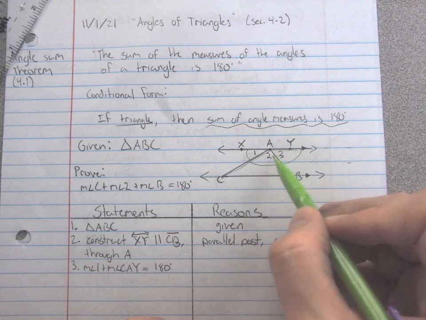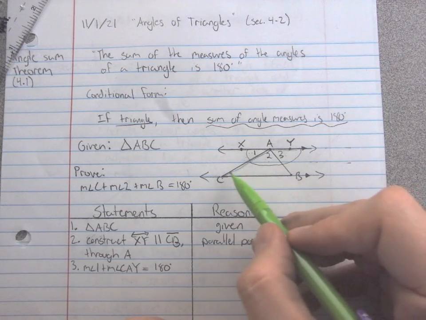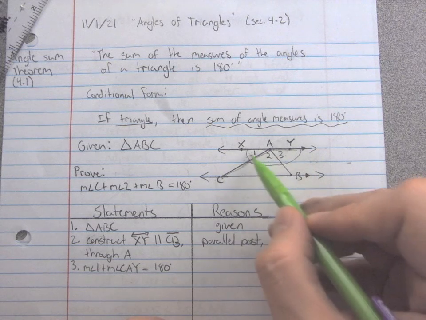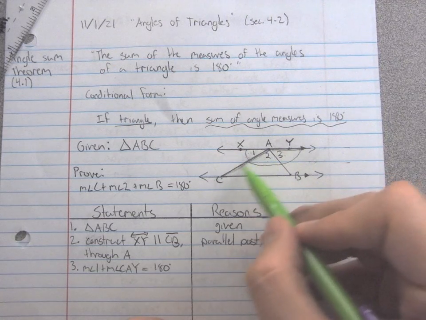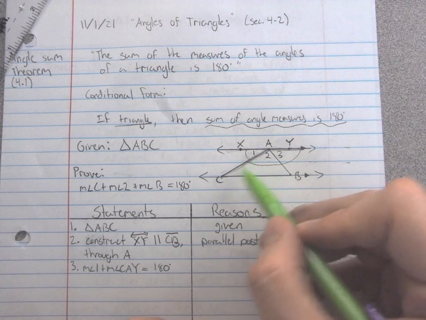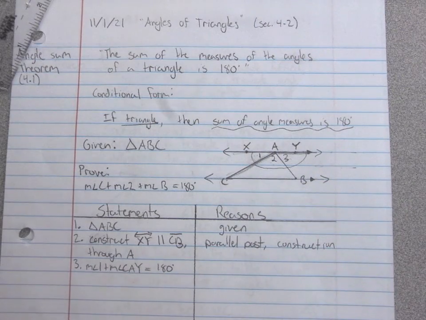And I don't want to call that angle 2 or angle 3 because angle 2 and angle 3 are smaller. I'm going to call that angle CAY. So I basically just forced a pair. This pair, angle 1, and this other angle here. So angle 1 is right here, and then angle CAY is right here. Okay, and I can use supplement theorem there because that actually is a linear pair.